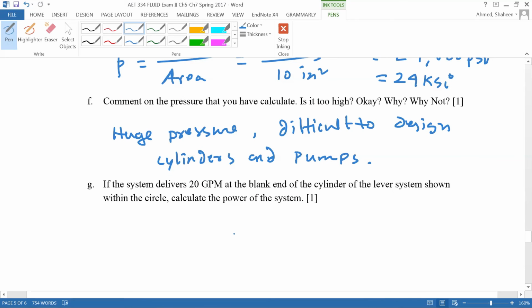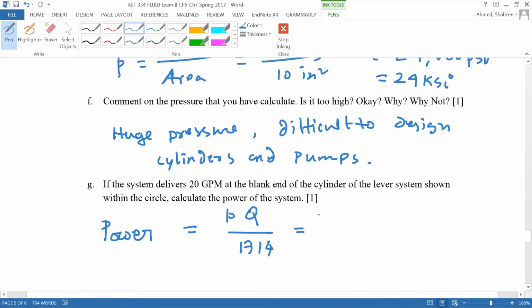If the system delivers 20 gallons per minute at the blank end of the cylinder of the lever system shown, calculate the power of the system. So the power that the cylinder is carrying can be calculated as PQ divided by 1714.